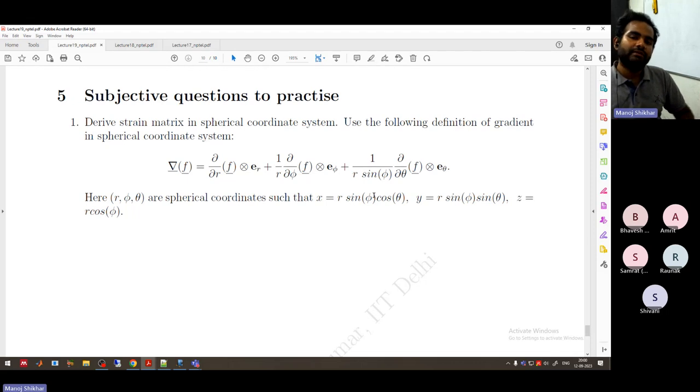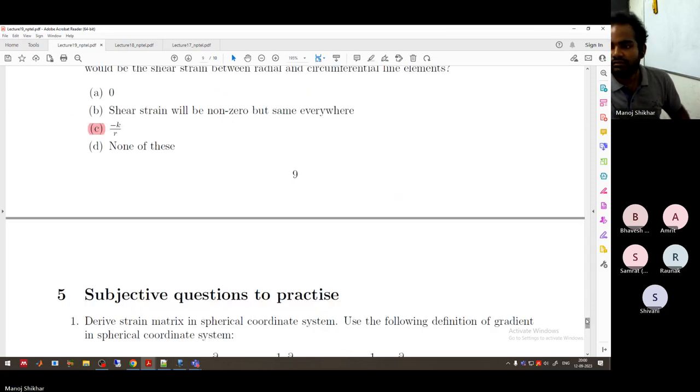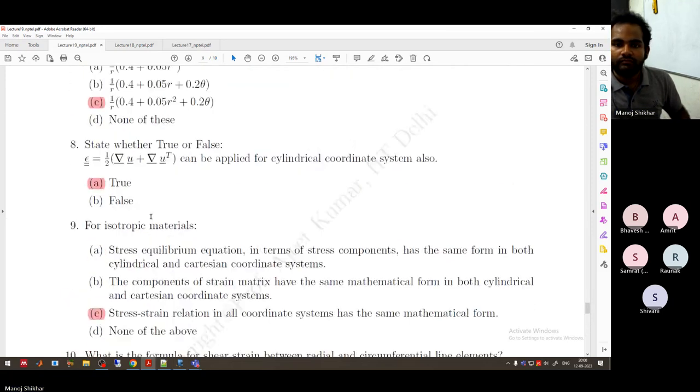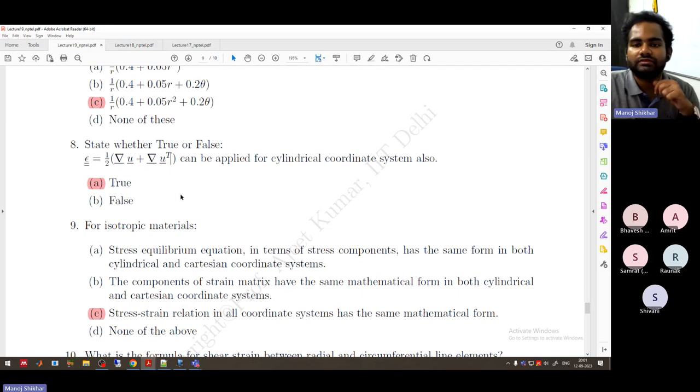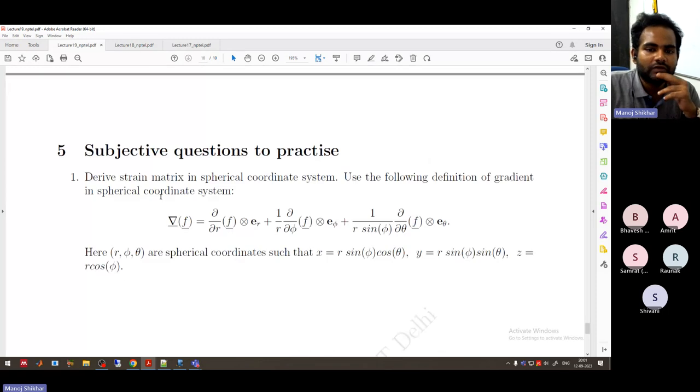If you do that, you will be able to find the gradient of U. Once you have found the gradient of U, you can use this generic formula: epsilon equals 1 by 2 times gradient of U plus gradient of U transpose. Use this formula and you will be able to find the strain matrix in the spherical coordinate system.